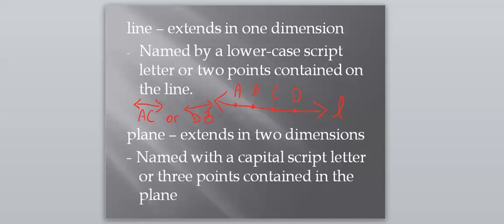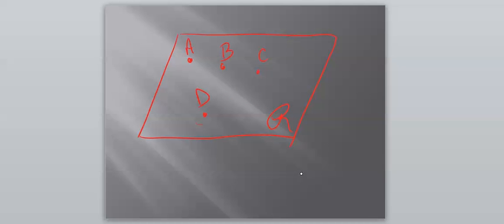So if we go back and look, these are named with either the capital script letter, and you won't create that. It must be already in the picture on the plane to use it, or with 3 of the points contained in the plane. So we could say this is plane R. And again, you don't actually have to write the word plane because the fact that it's a capital script letter will let the person looking at it know that it's a plane.